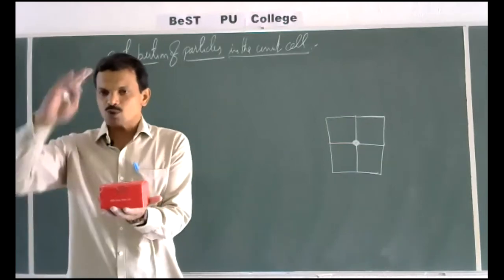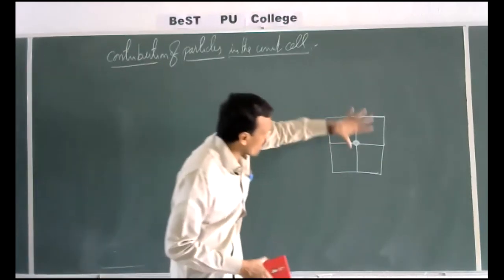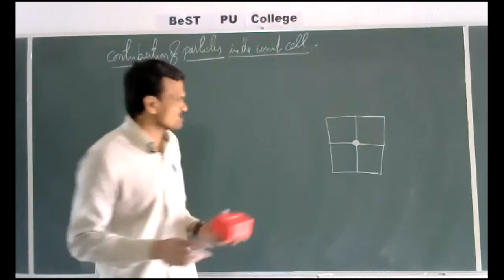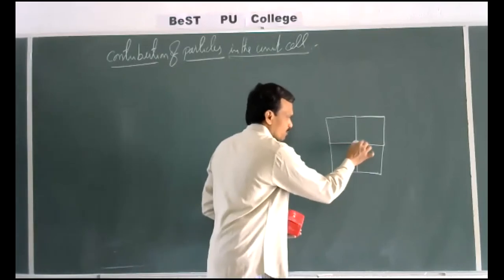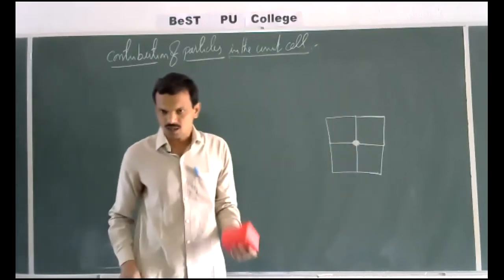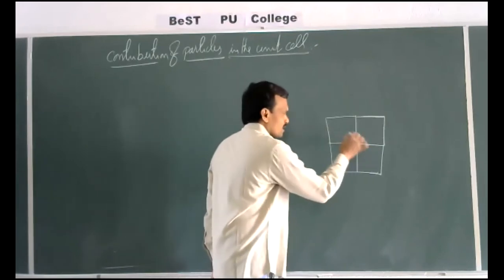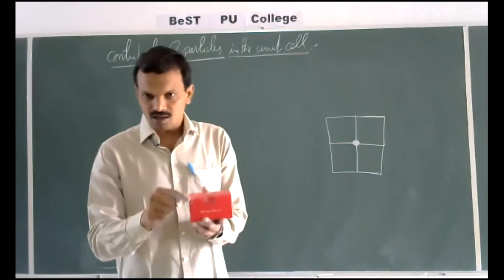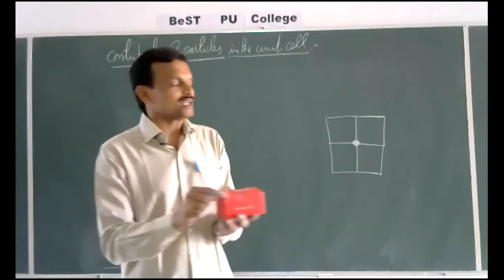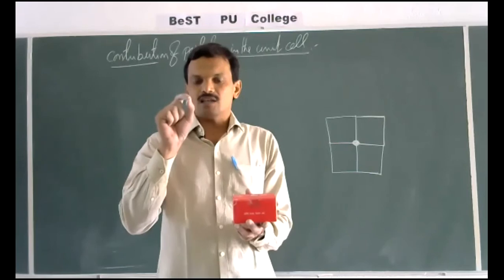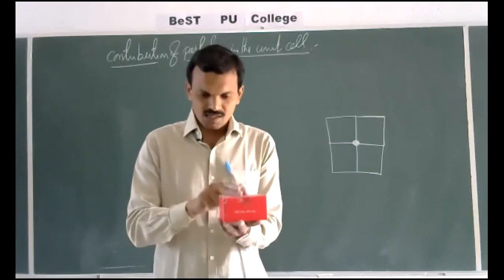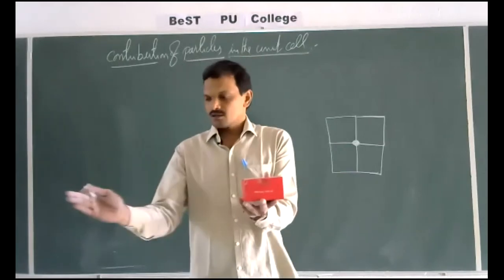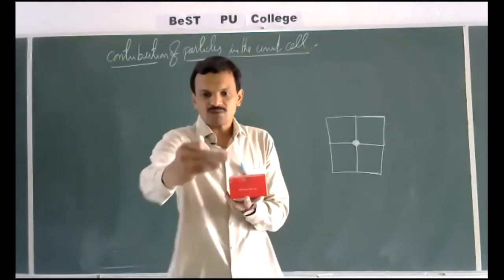But the top face is open. Exactly over these 4 boxes, I can place 4 more boxes. Then this particle will be completely closed and shared completely. In a cubic system, if a particle is present at the corner, that corner particle is shared with 8 unit cells in total. One unit cell, along with this, can share with 7 more. This is 1. From this side, I can add 1, 2. From the front side, I will add 2.